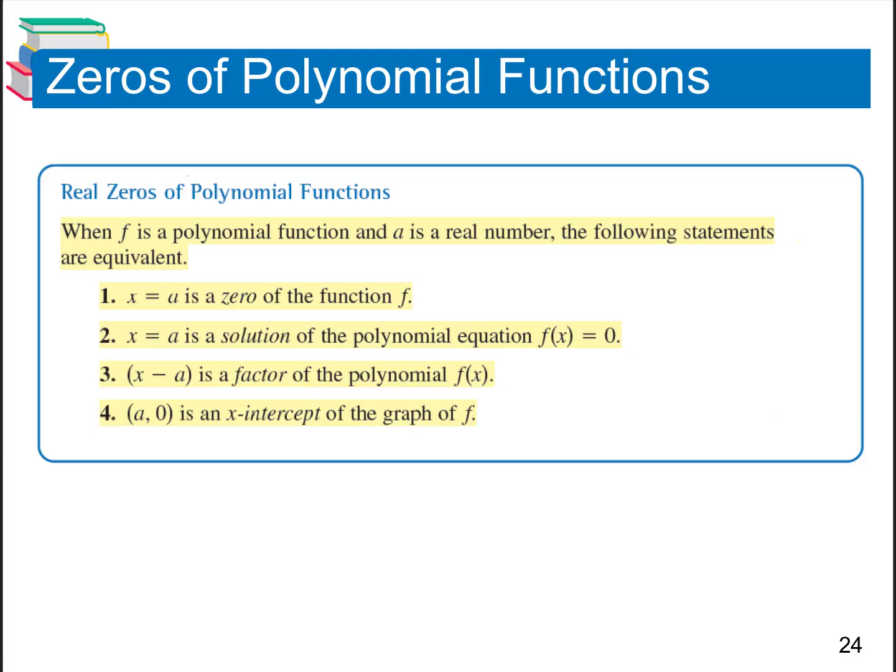All right. I think we've seen this before, guys. Zeros of a polynomial function. X equals a is a zero of the function. Look at these words: zero, solution, factor, x-intercept, and I'm going to add one to it and say roots. All of those things mean what?